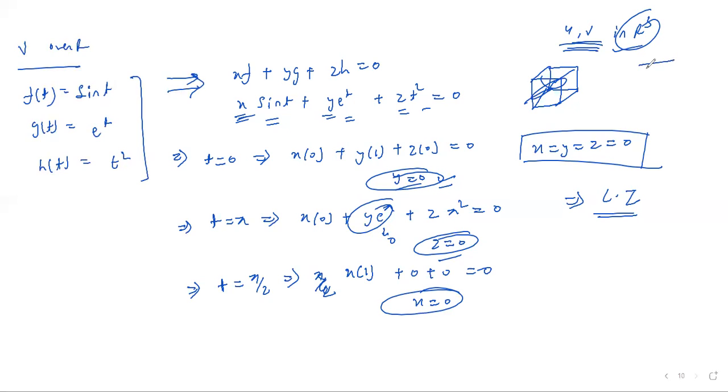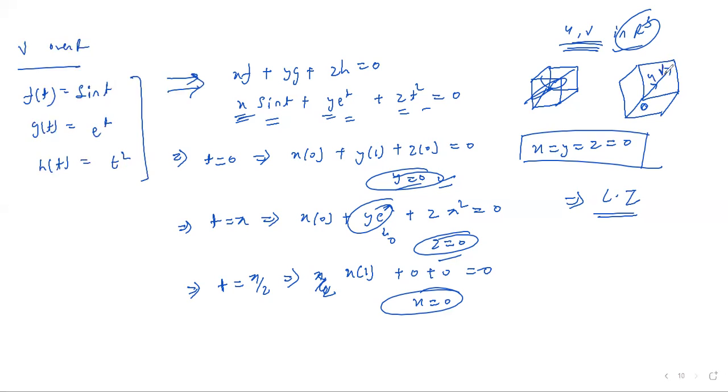Sorry, let's form another. I can't represent it properly here, my drawing is actually too bad. So this is the plane here. This is the origin. So these two vectors u and v in R cube are linearly dependent if they lie on the same line through the origin, like this. This is the vector u and this is the vector v.